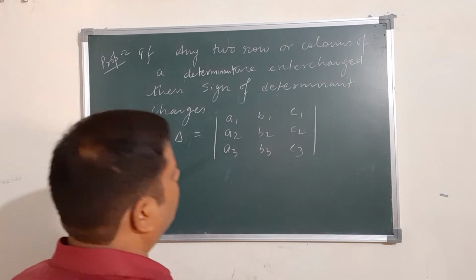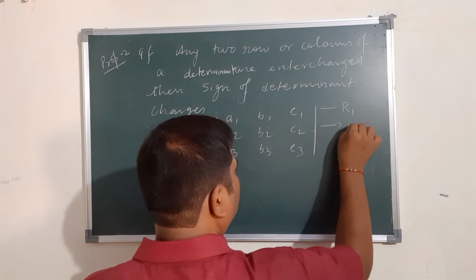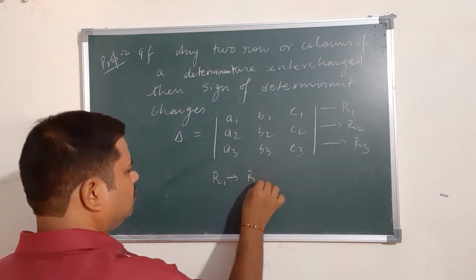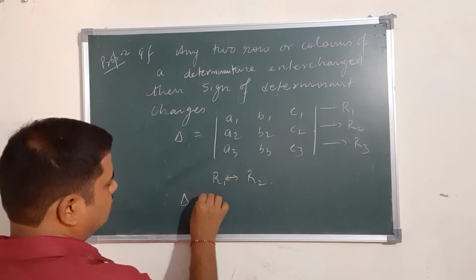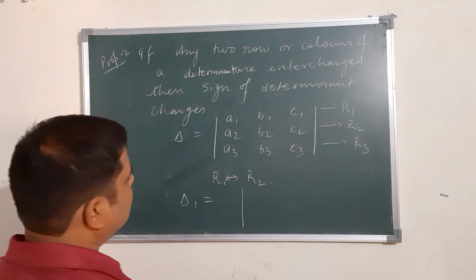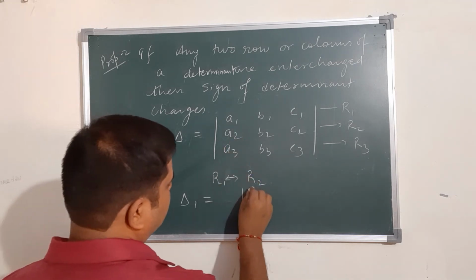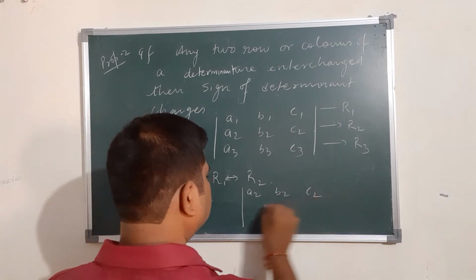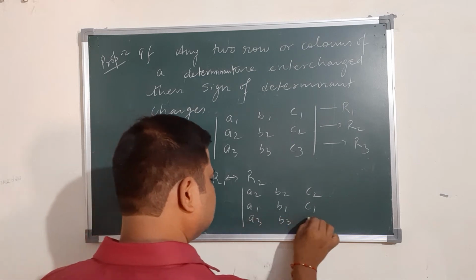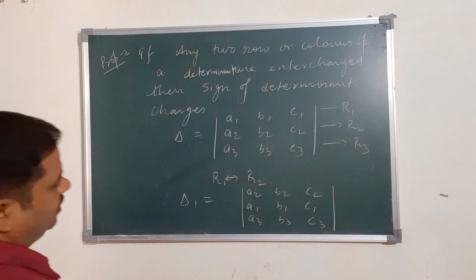If any two rows or any two columns, suppose we have, this is R1, this is R2, this is R3. So if we interchange R1 by R2, suppose this is delta 1, then this becomes minus of... suppose delta 1 is A2 B2 C2, A1 B1 C1, A3 B3 C3, then delta is nothing but minus of delta 1.